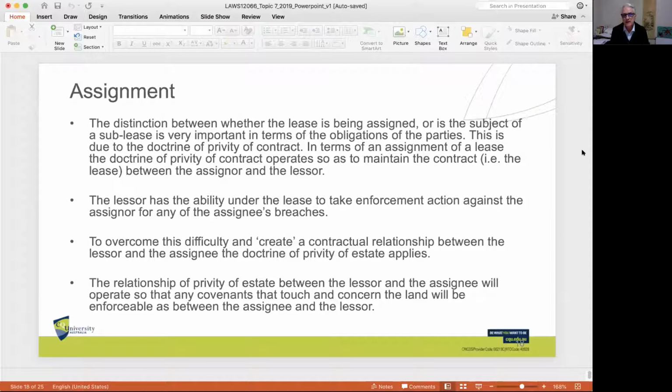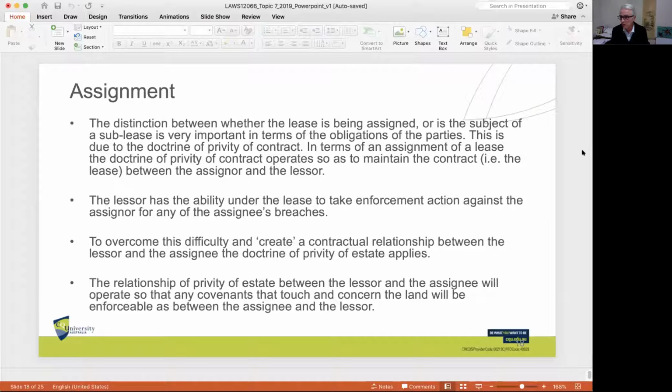That goes back, with regard to leases or leasehold interests, to the privity of contract idea that new parties can't be a party to the original contractual relationship.